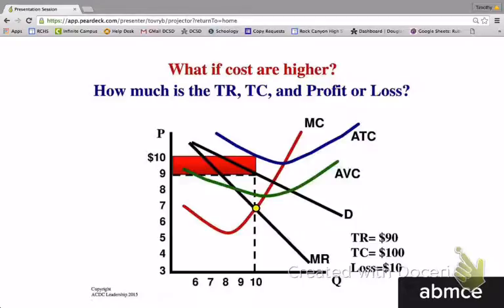So that reflects the fact that it's making an economic loss. So now we subtract average total cost from the price, 10 minus 9, and that's $1 of loss for each unit sold, multiplied by the quantity sold of 10. So this firm, a monopoly, is charging a price of $9, but producing an economic loss of $10.